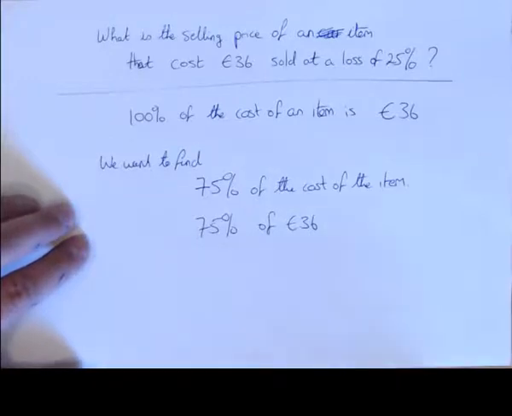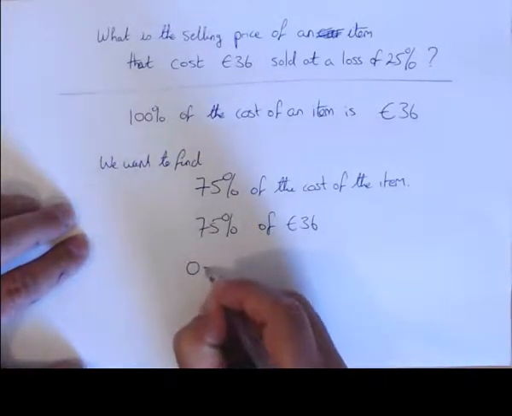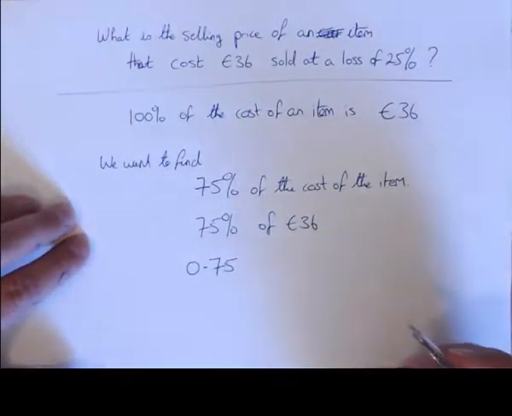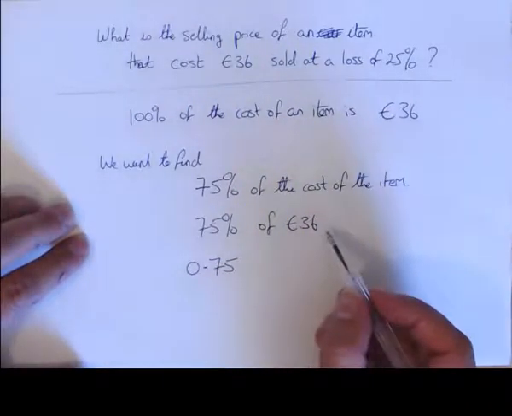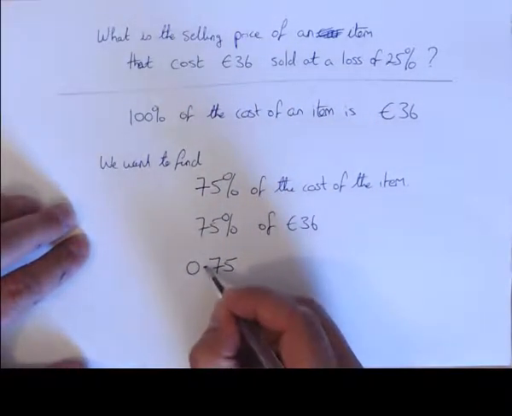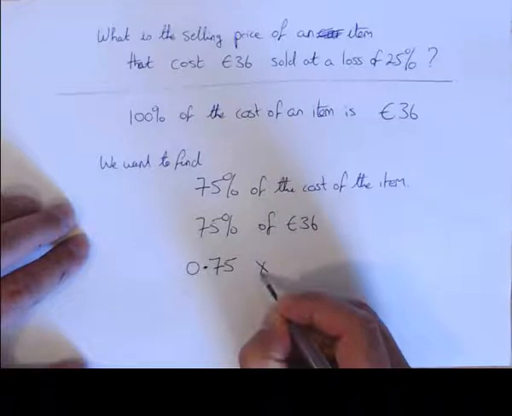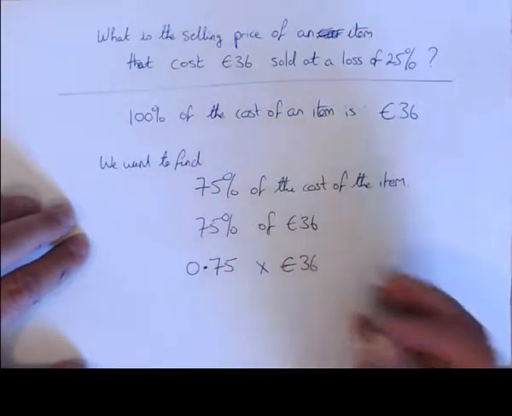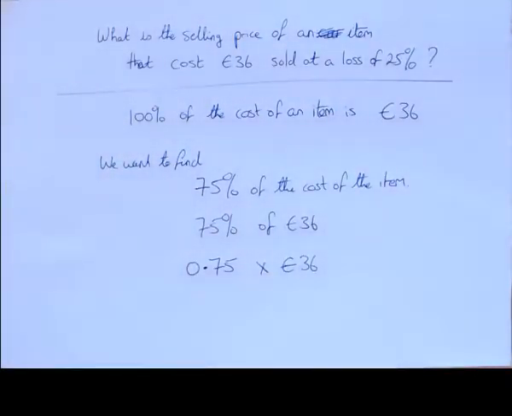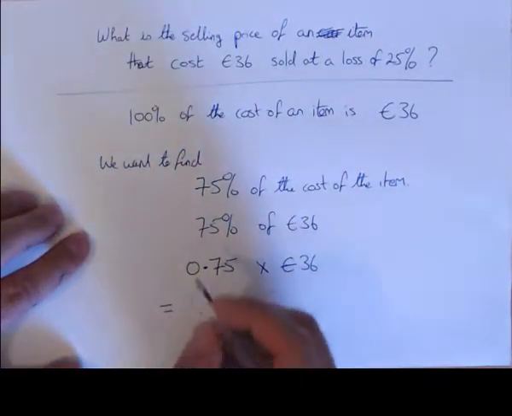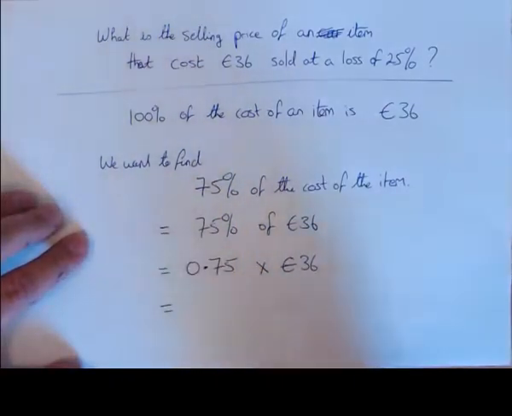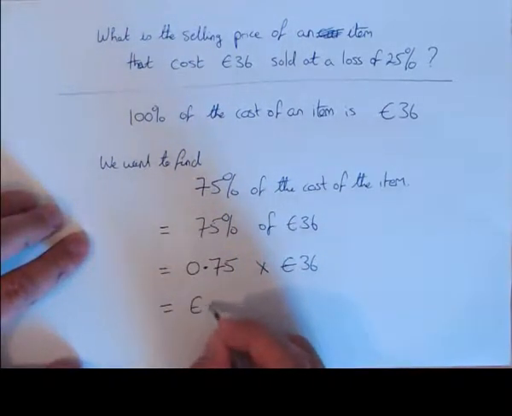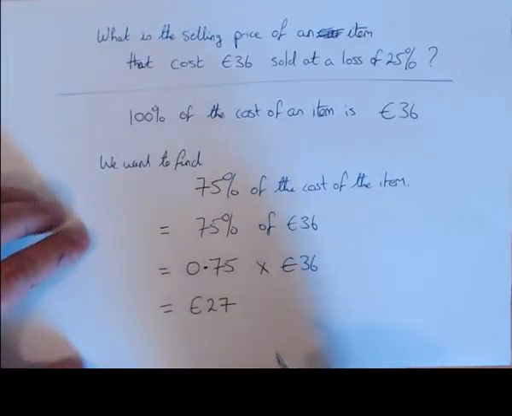You know how to write 75% as a decimal: it's 0.75. And when you want to find 75% of €36, it's 0.75 times €36. You put that straight into your calculator, and you'll find that that's equal to €27.